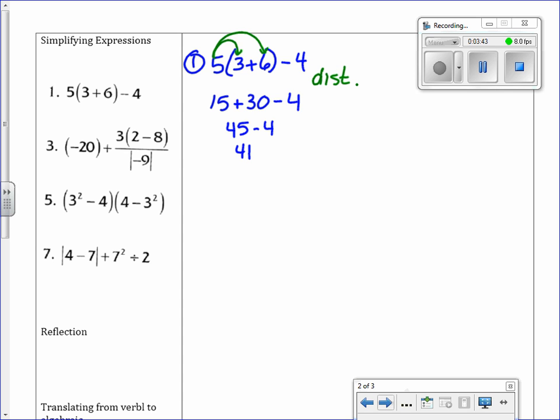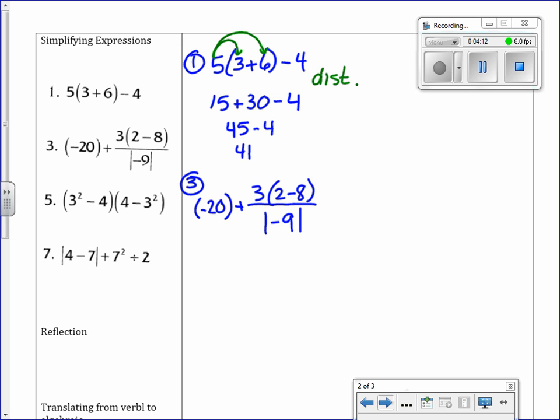For number 3, I have this negative 20 in parentheses, and the only reason why it's in parentheses is to indicate that it's a negative value. There is nothing to this grouping symbol. So we're going to say negative 20 plus 3 times the quantity 2 minus 8, all over the absolute value of negative 9.